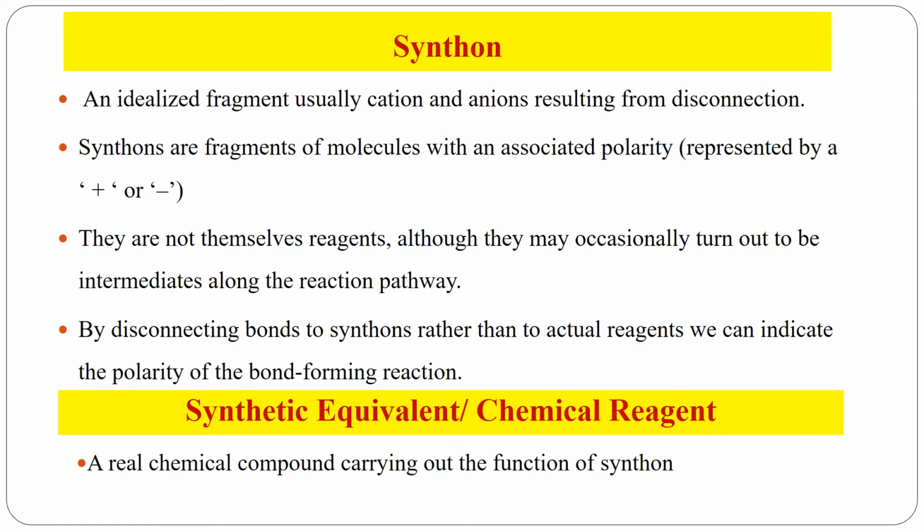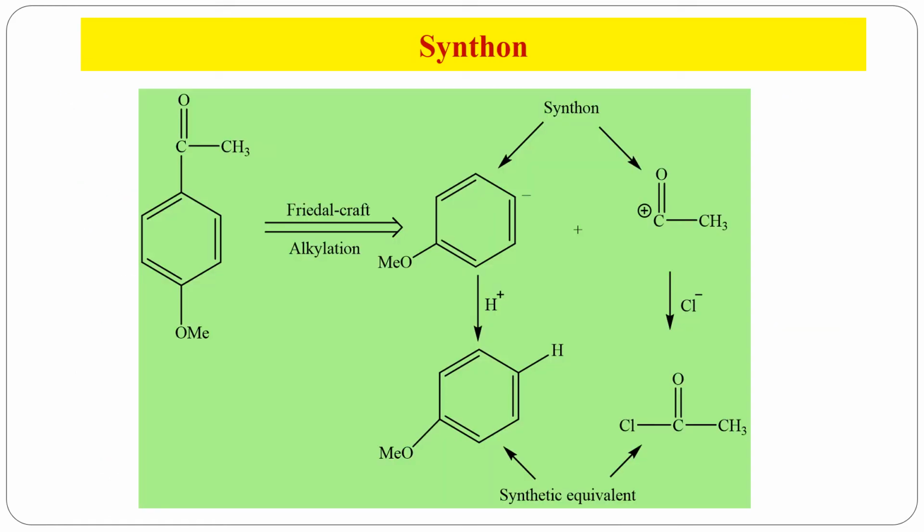And what is a synthetic equivalent or chemical reagent? A real chemical compound or substance which is used in place of a synthon is called a synthetic equivalent, that is, a chemical reagent. For example, here this target molecule is disconnected. We know that this is anisole.